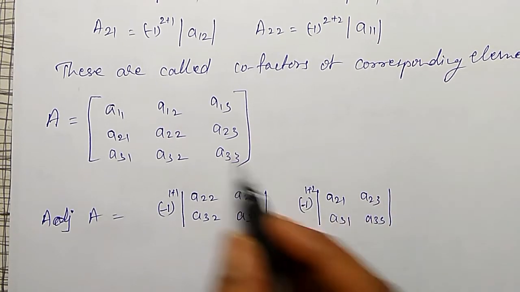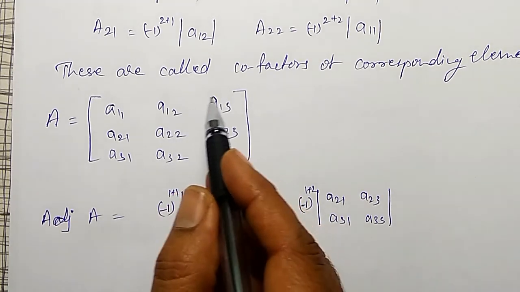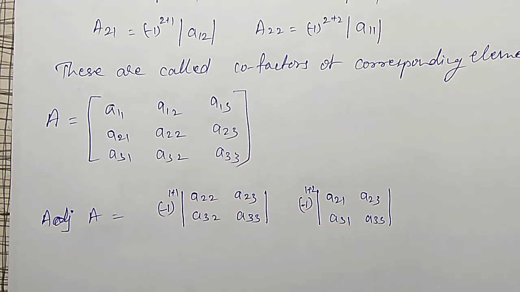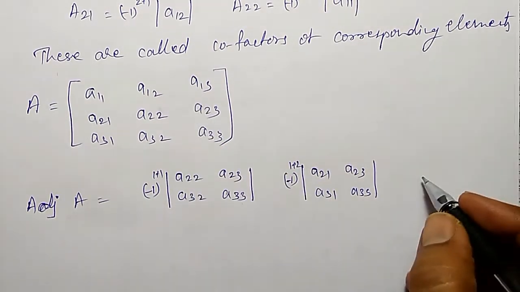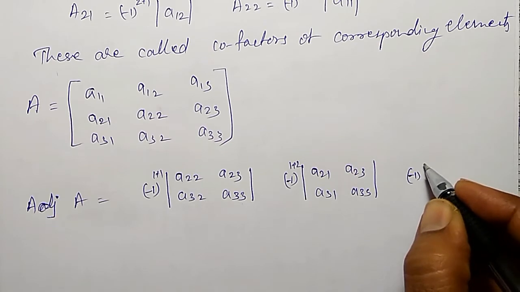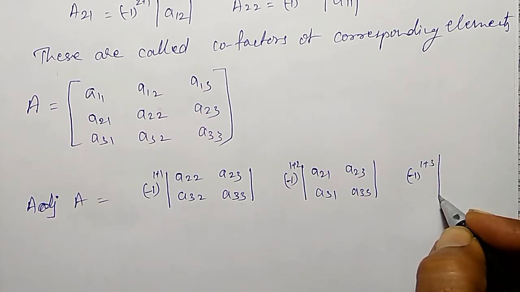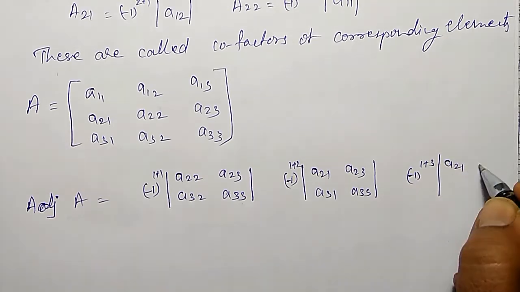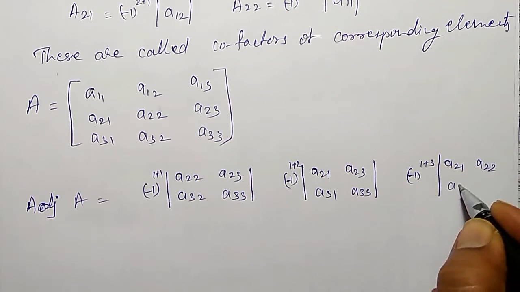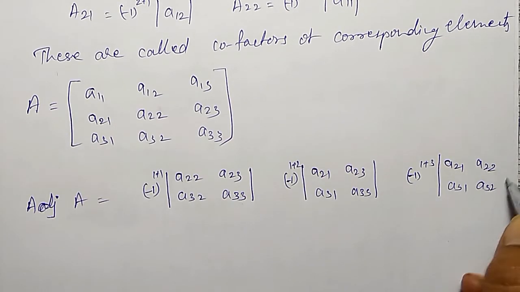This will become the cofactor of the second element. Like that, the cofactor of the third element, A13, is given by minus 1 raised to 1 plus 3, and the determinant leaving that row and column, that is A21, A22, A31, A32.